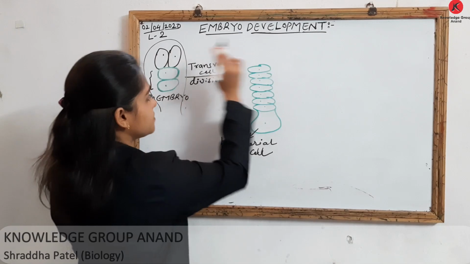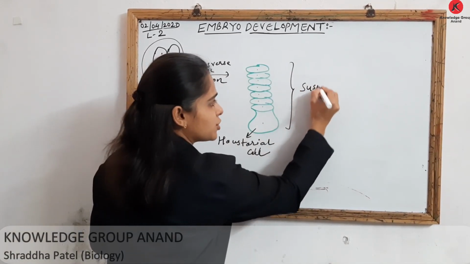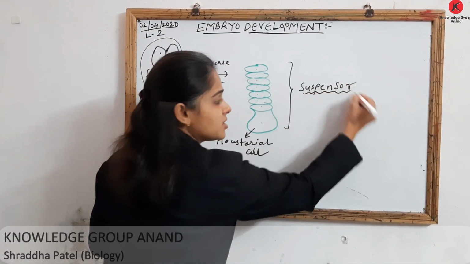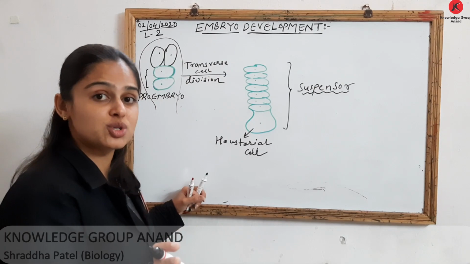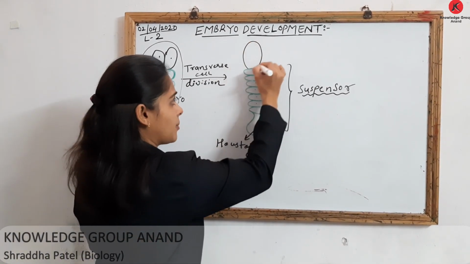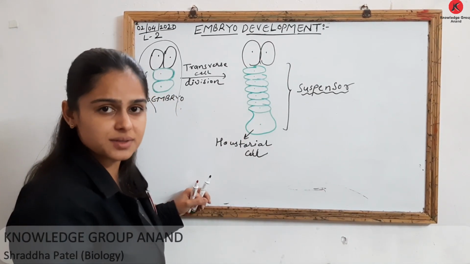Okay? Now, this is called your suspensor. What is it called? Suspensor. The entire structure is called the suspensor. Now look, who is sitting on top here? These are your terminal cells, right?